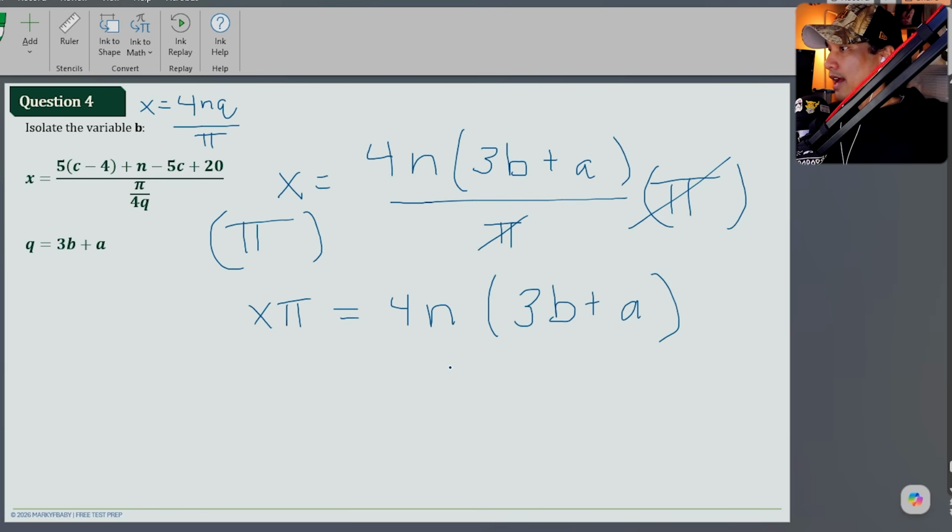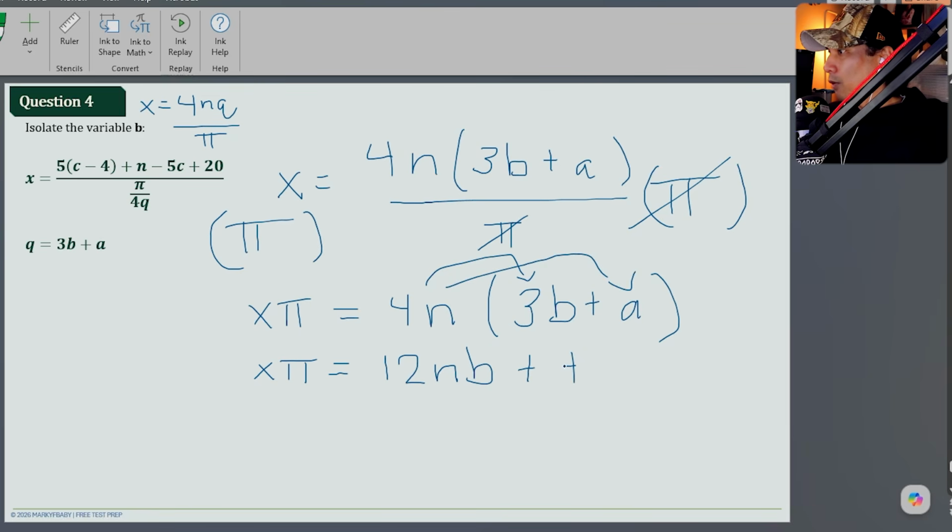Now, the thing about this is I have the target variable in the parentheses. So in this case, I have to distribute, okay? So I'm going to go x pi equals, and then what is 4n times 3b? Well, that equals 12, because 4 times 3 is 12, and then we have the variables n, b, and then I multiply this 4n by the a, giving me 4na.